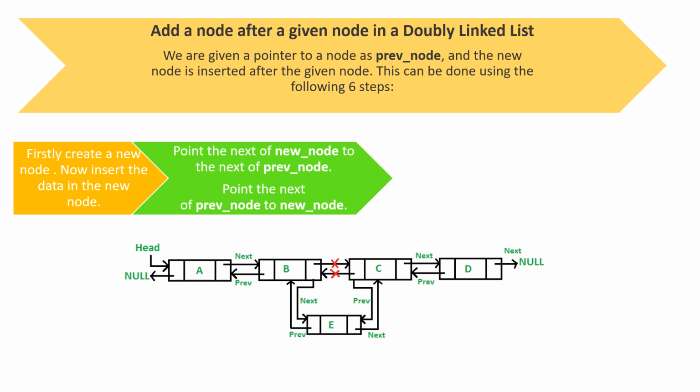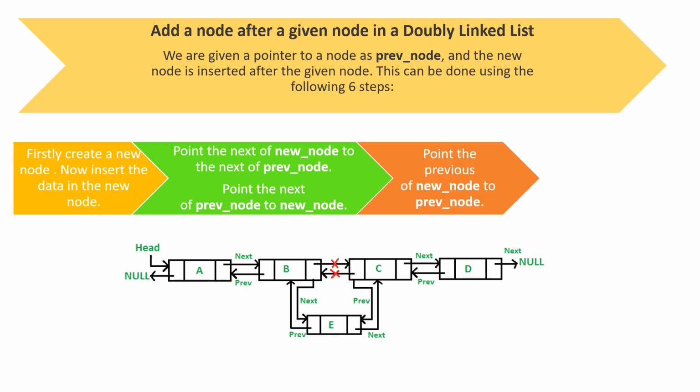new node and point the next pointer of the new node to the next of prev_node, which is node B, that is, to node C. Then point the next of prev_node, that is the next of B, to the new node.